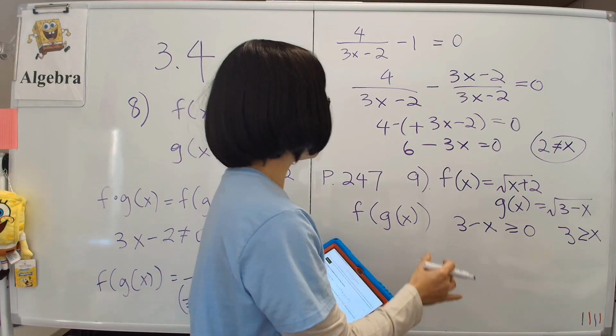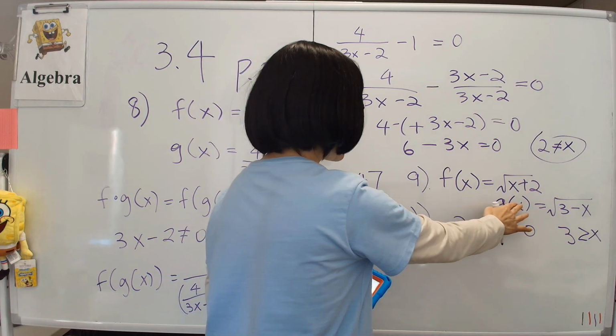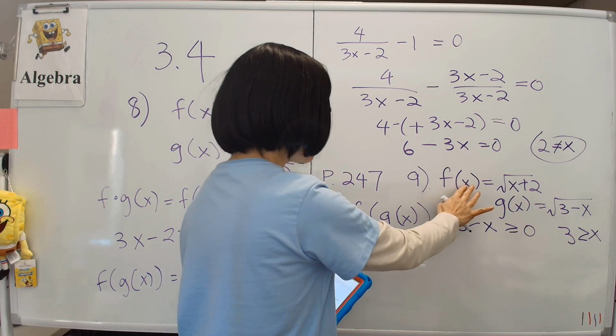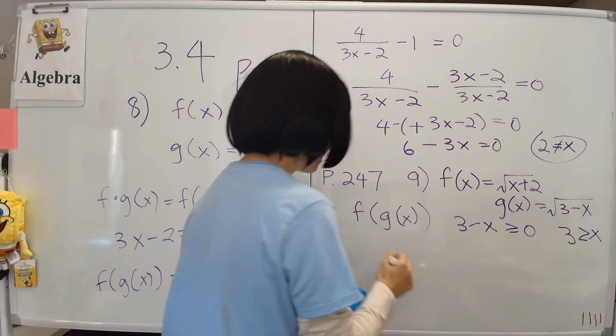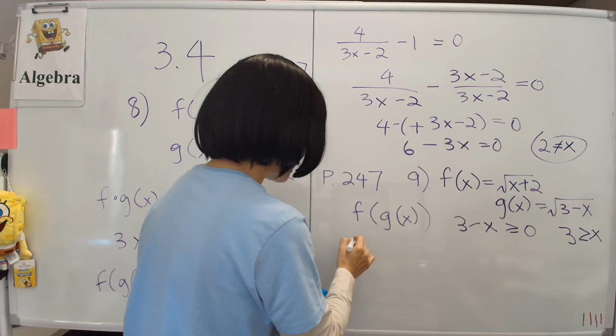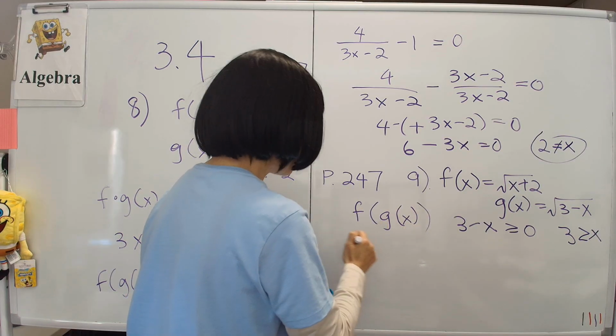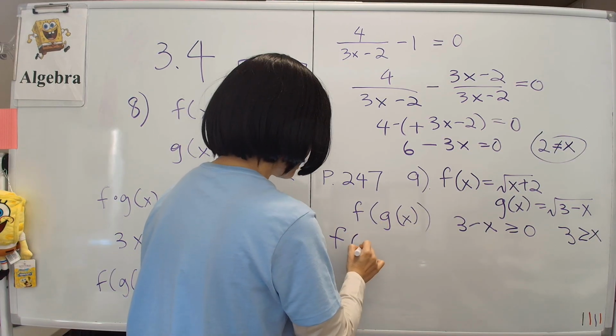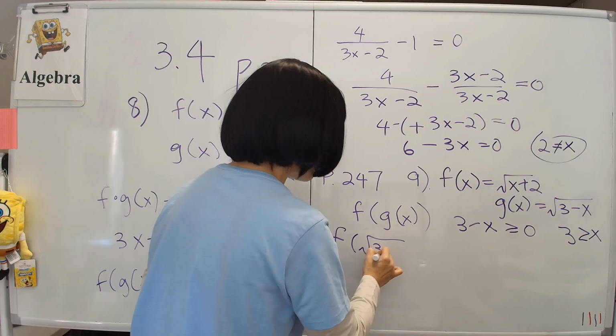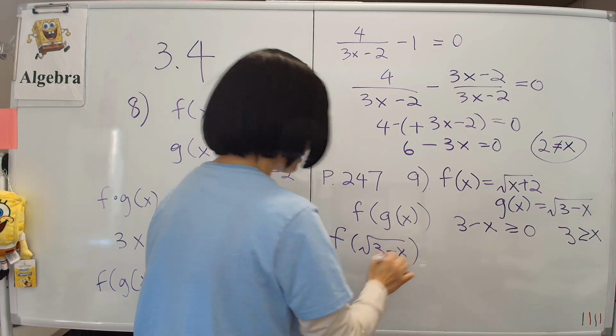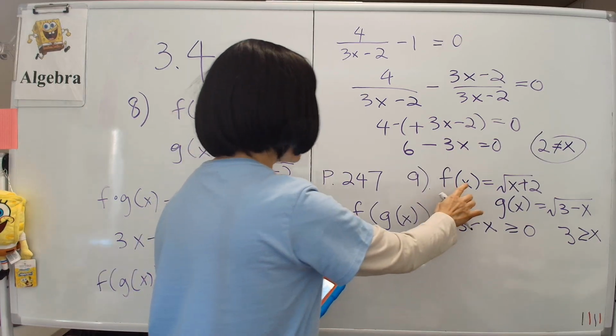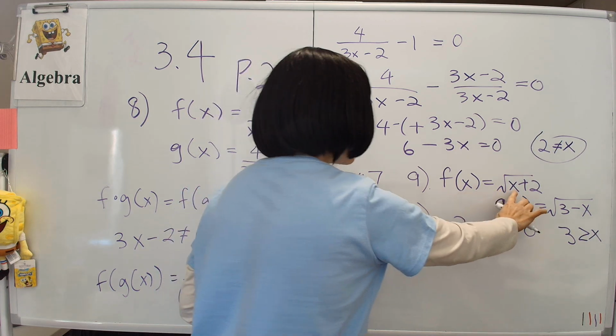But that's not good enough yet. Next we need to stuff this thing inside f's input and see what happens. So if we put g of x in here, that would be f of the square root of 3 minus x. So we are going to follow the f instructions. F of any input is to do this to it.